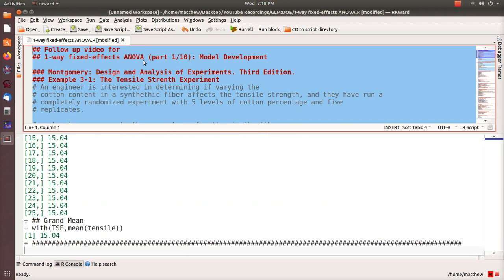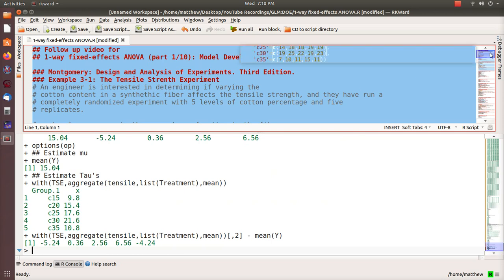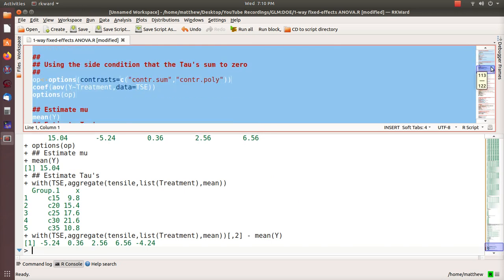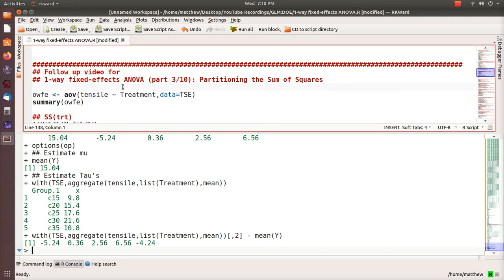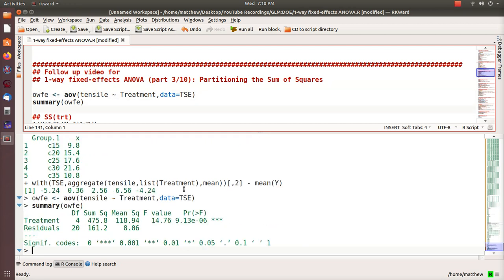So let's load all the commands that we did earlier and then jump to part 3. And here we're going to look at partitioning the sum of squares. Now here is an R summary of the analysis.